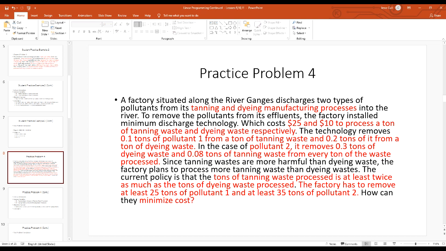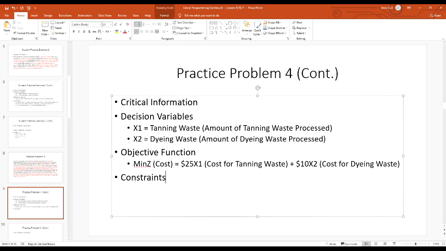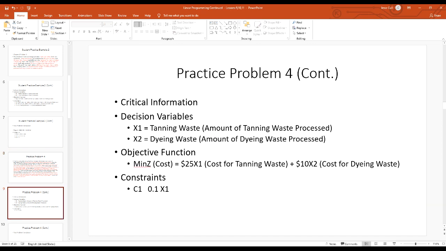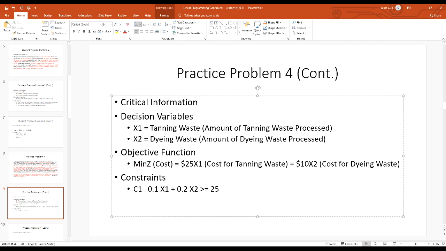So we have to come up here, and our first constraint is 0.1 x1, because it's 0.1 tons of pollutant 1 from tanning, and 0.2 from dyeing. So 0.1 x1 plus 0.2 x2 must be greater than or equal to 25.